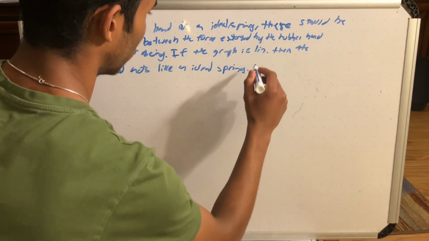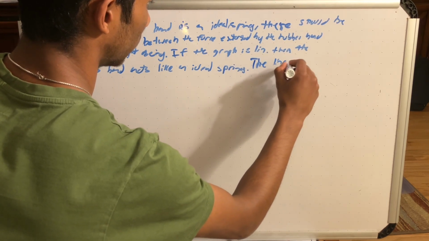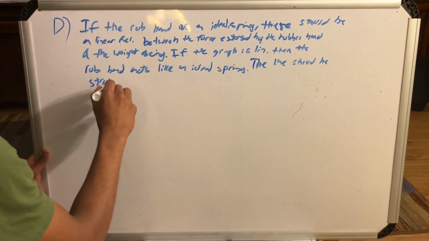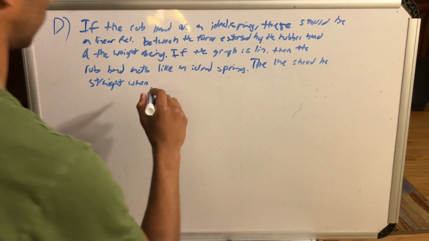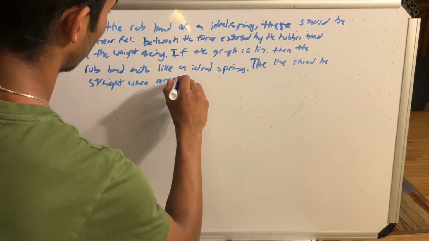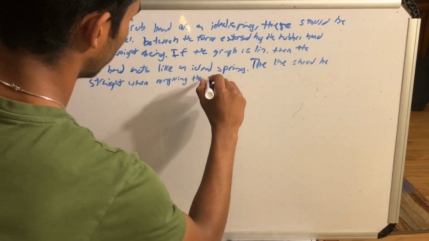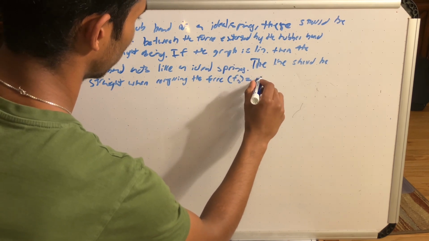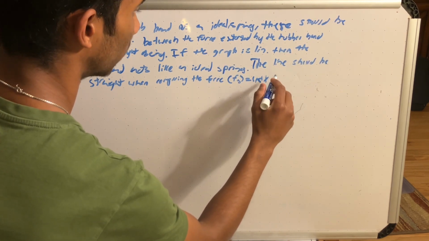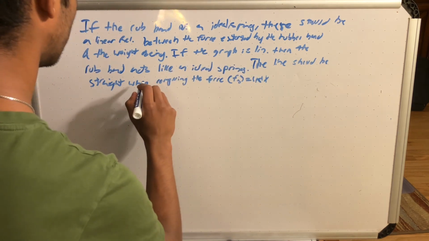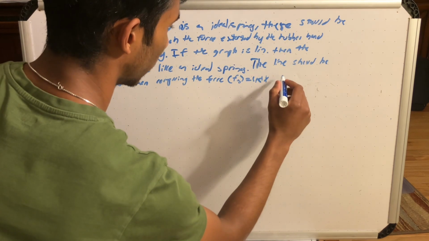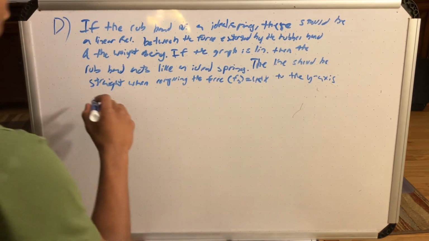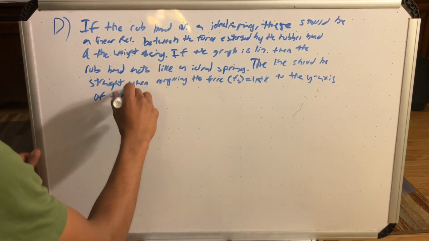So the line should be straight when comparing the force, which is the force of the spring, which is equal to K times X, which is a straight line when comparing the force of K times X to the different weights being used.